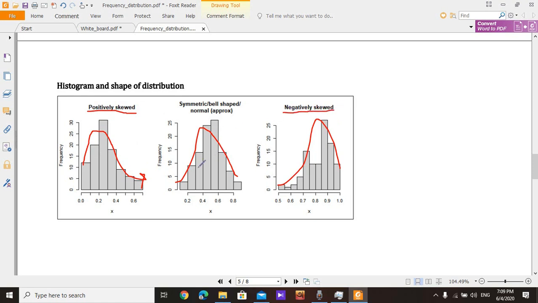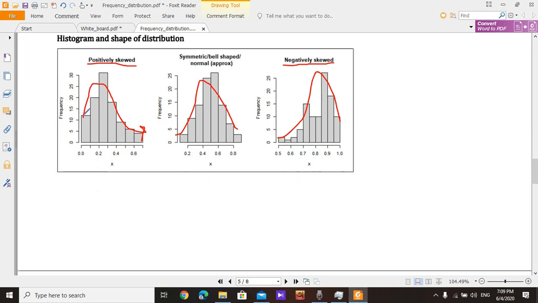If a histogram is almost similar on both sides, then we say it is a symmetric or bell-shaped or approximately normal distribution. In real life, it is very rare to have a 100% perfect normal, symmetric or bell-shaped distribution, so we have just approximately normal or approximately symmetric. So this is the histogram and shape of the distribution.